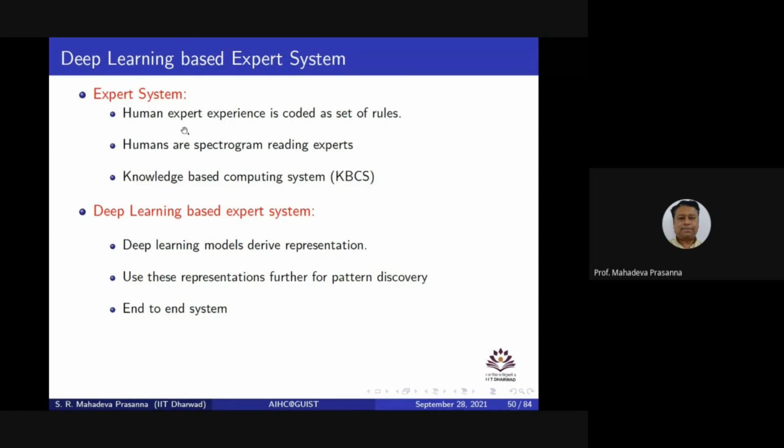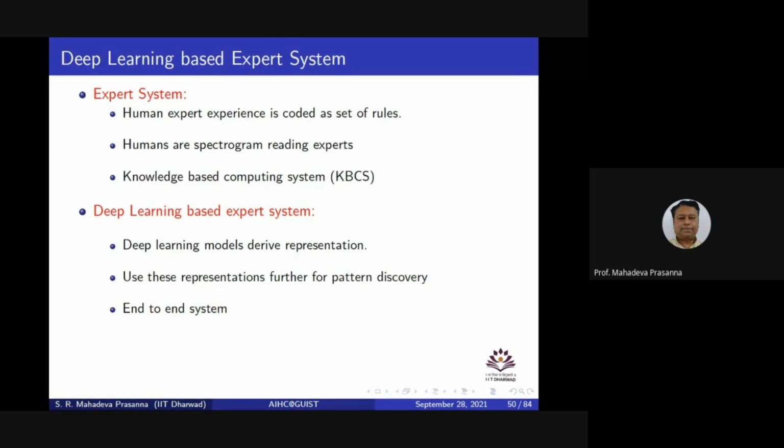We had the concept of expert systems earlier, where the human expert's experience in a particular domain was coded as a set of rules. Given facial images of, say, 100 people, if he is a forensic expert, how does he recognize under different illumination conditions and masking conditions that it is the same person? That is the expert knowledge that person has.